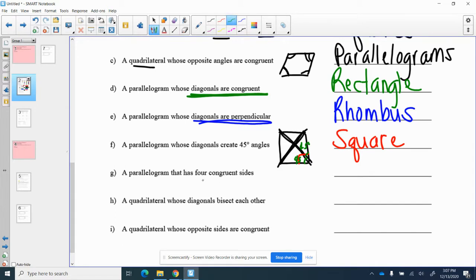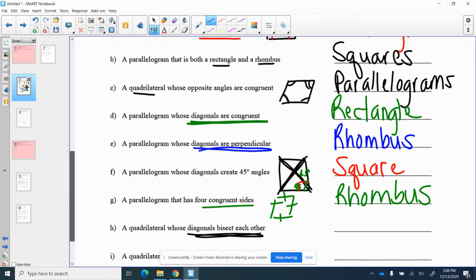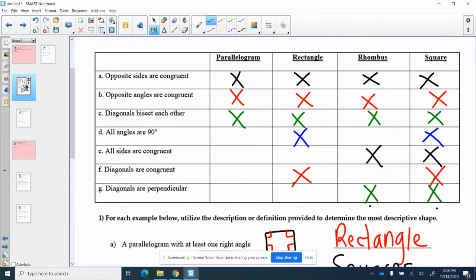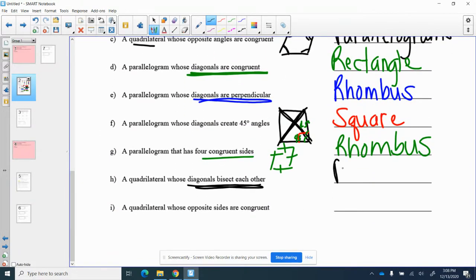A parallelogram with four congruent sides, well, if it's going to have four congruent sides, it has to be at least a rhombus. We don't have enough information to say if it's anything beyond that. A quadrilateral whose diagonals bisect each other. Well, bisecting diagonals is a property of a parallelogram, thus all the rest of them. So without any extra information, all we can say is this is a parallelogram.